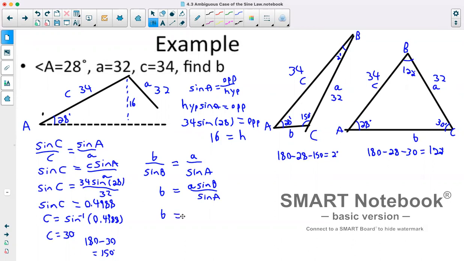So we've got side length A, which is 32, sine of angle B, which for this first one is 2, over sine of angle A, which is 28. So our B value for this first one is 2.4.